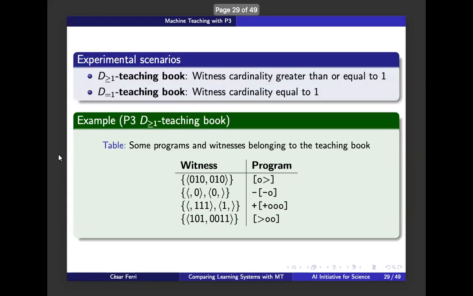So we developed two versions of the teaching book, one with just one pair and another with more than one pair. Here there are some examples in which, given this example, the learner is able to find the program.